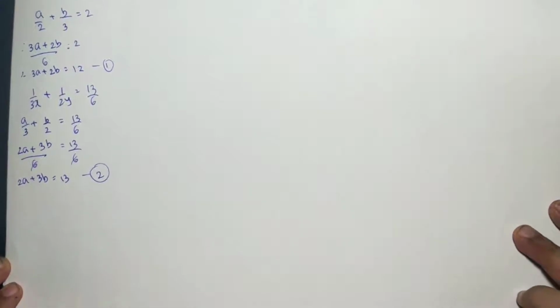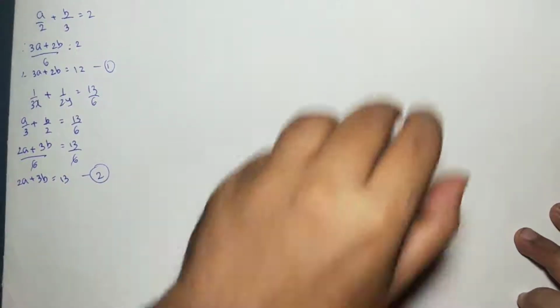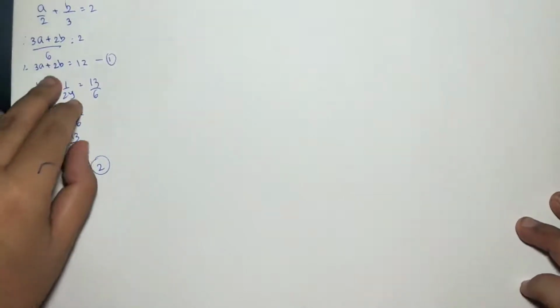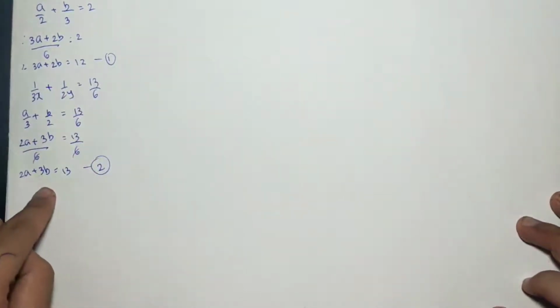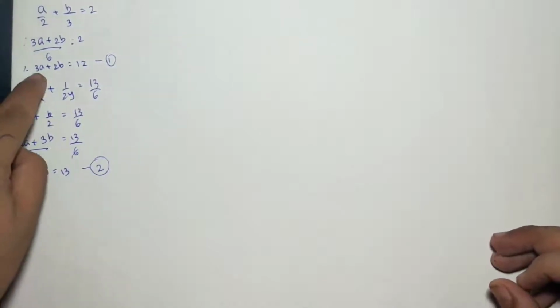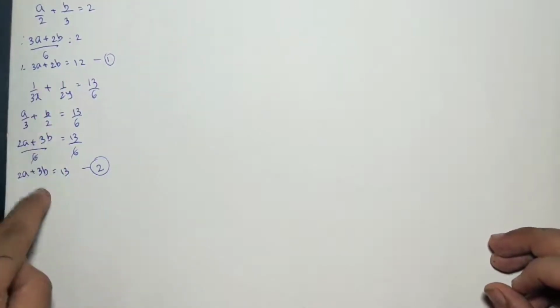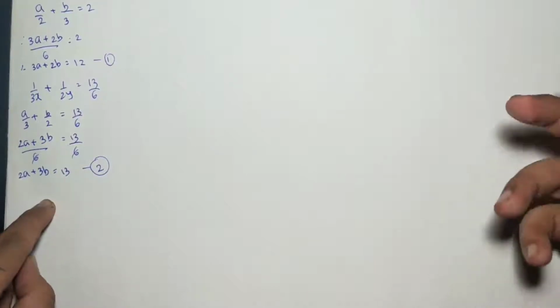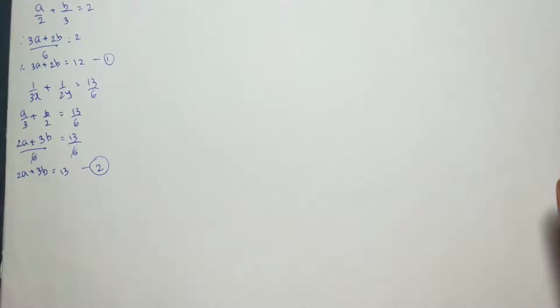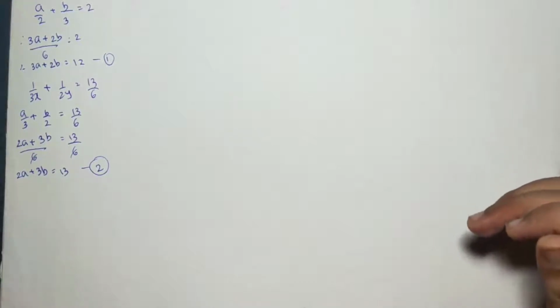Now, if I want to solve this, I am following the elimination method. To eliminate, see first equation and second equation. For a, this is 3, this is 2. For b also, 2 and 3. So no doubt in both the equations, none of the variables has the same coefficient. So what should we do?